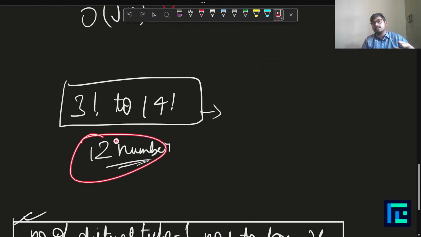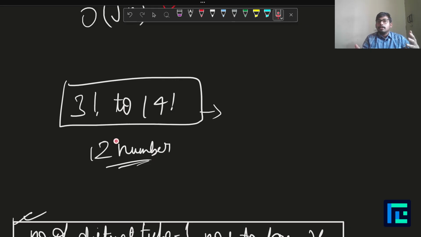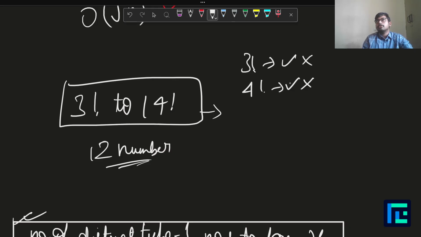We only have 12 such numbers. So we can just check all the possibilities of using those 12 numbers. What are all the possibilities of using a set of numbers among some n numbers? Every number, either we would pick up and use, or we would not use. So 3 factorial, either we would use or not use. 4 factorial, either we would use or not use.